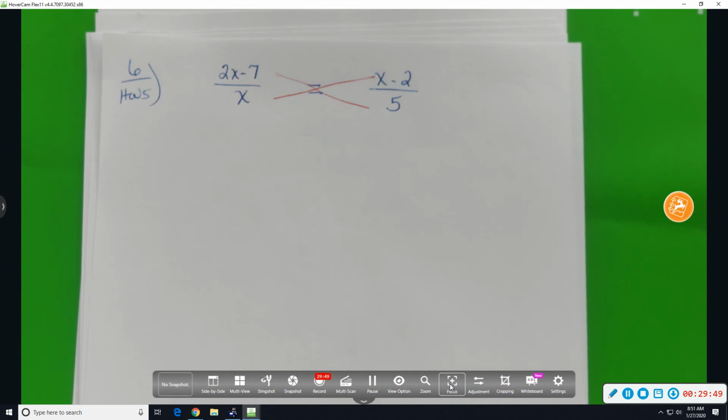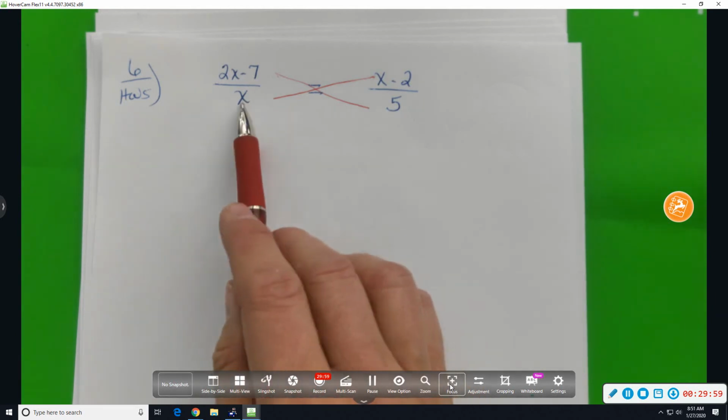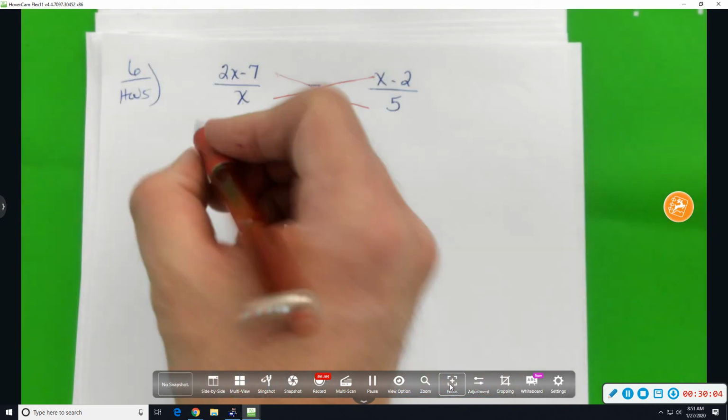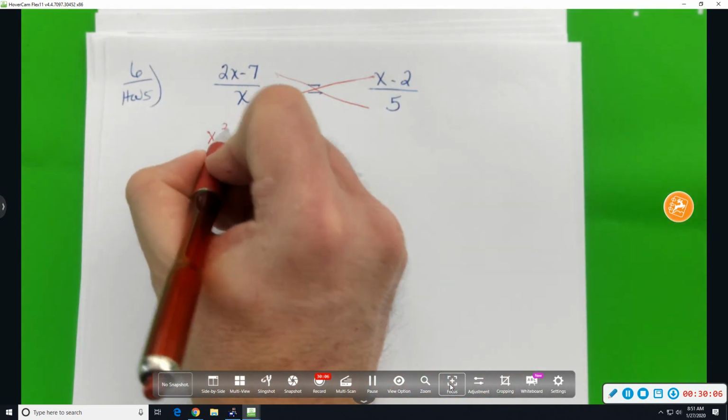So much of this is you're learning me. What am I doing? I'm telling you this stuff has more than one way to do it, so I'm showing you the way I think is easiest. So I'm going to do this. X times x, that would give the x squared.